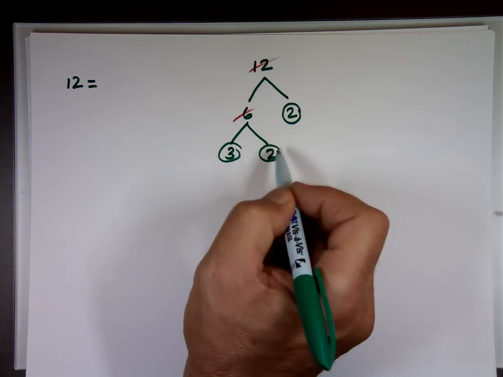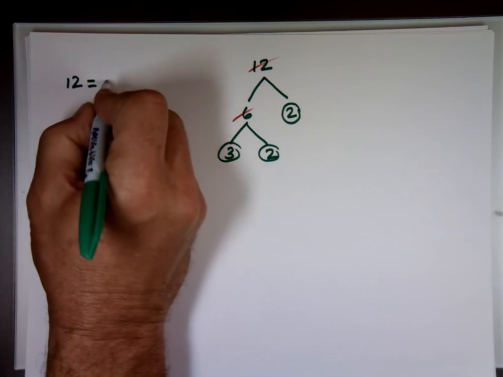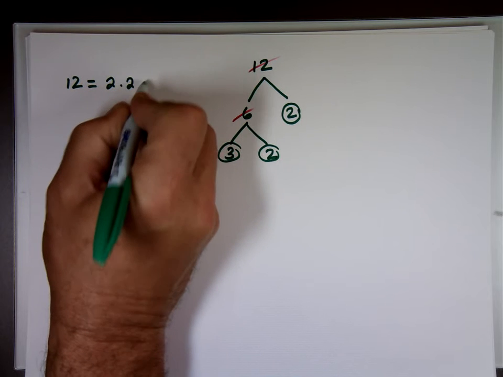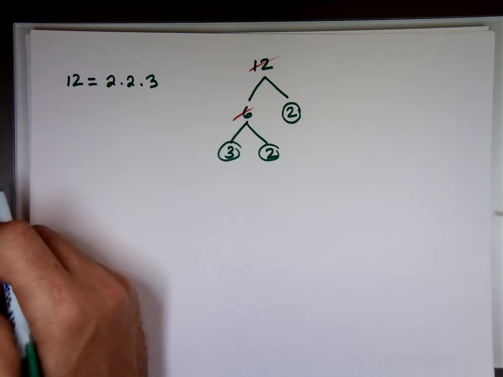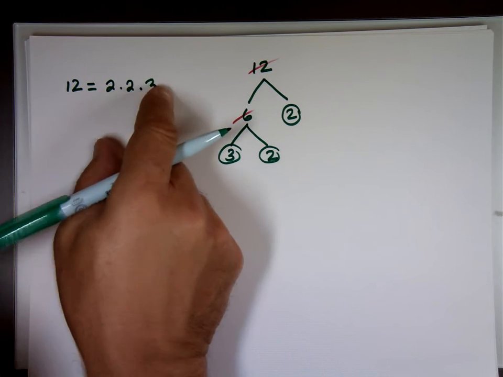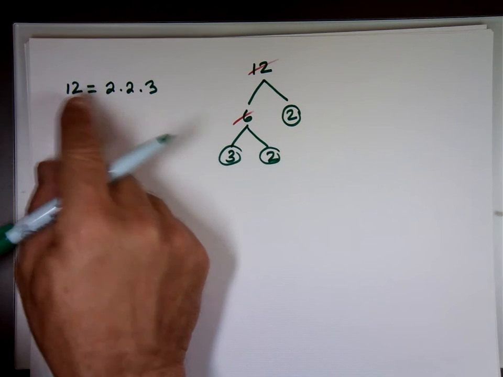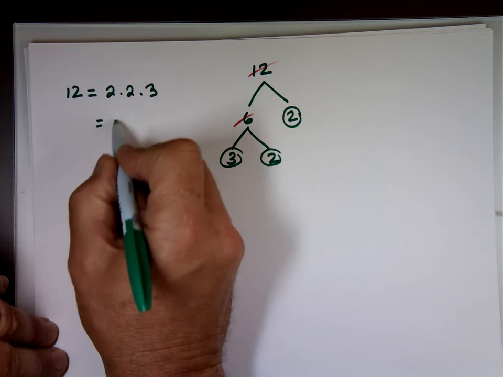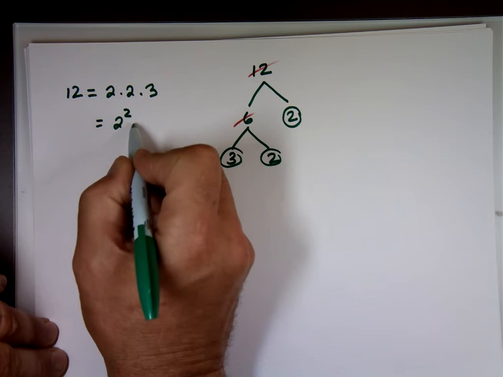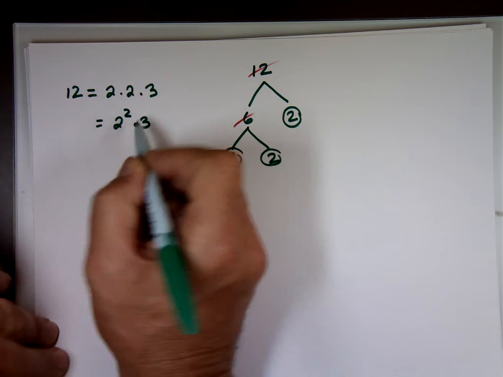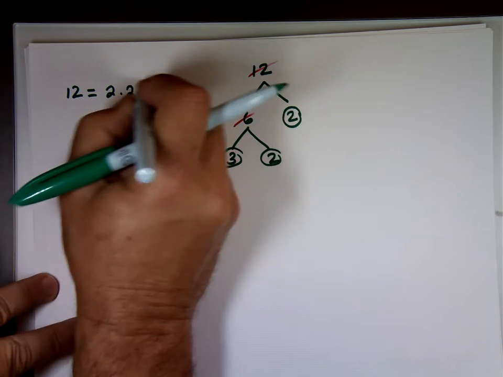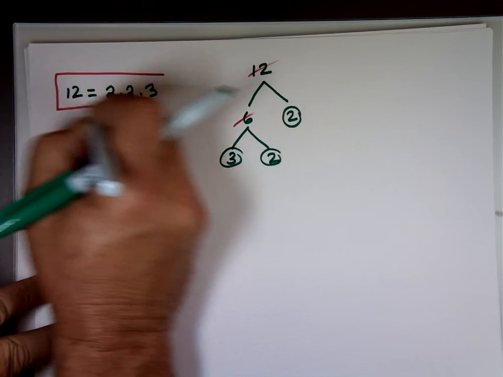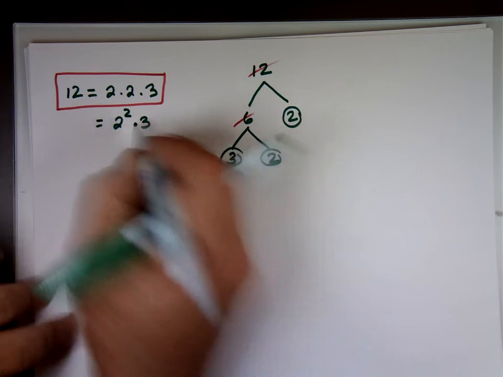I see two 2s and one 3. 2 times 2 times 3. That's 12. That's all prime numbers. If you want to write that in exponential form, that's 2 squared times 3. They're probably going to be looking for the answer in this form, but I'm laying the foundation for the next topic. That's why I'm using that form. I have a plan.